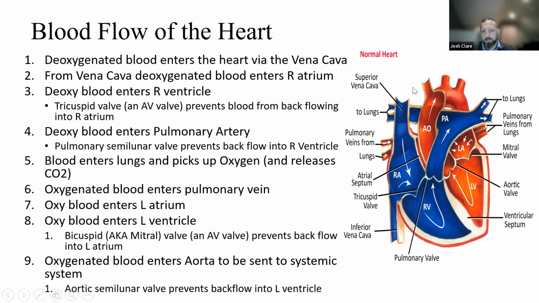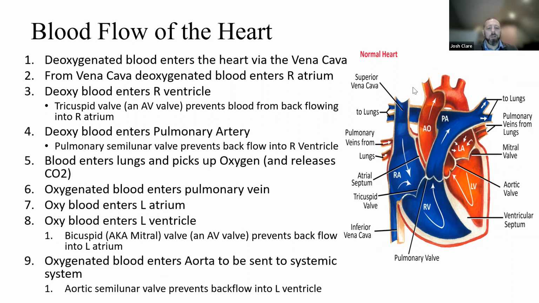through the semilunar valve. The blood is then transported into the lungs to pick up oxygen, and it also releases the carbon dioxide within that blood. That's where the gas exchange happens. The blood goes from the lungs back to the heart through the pulmonary vein, and the oxygenated blood enters the left atrium.